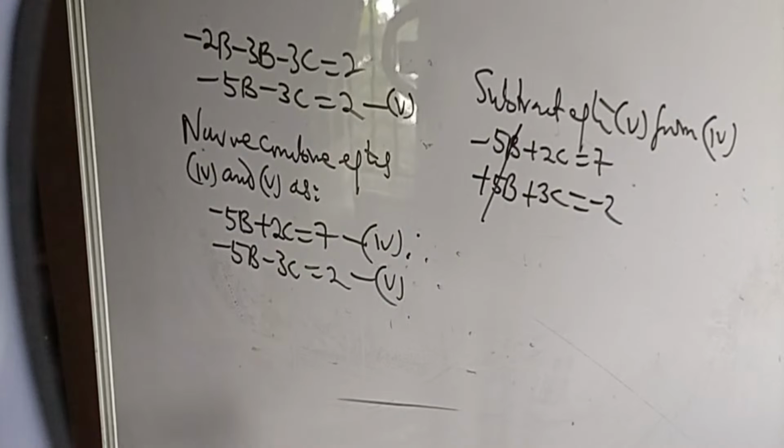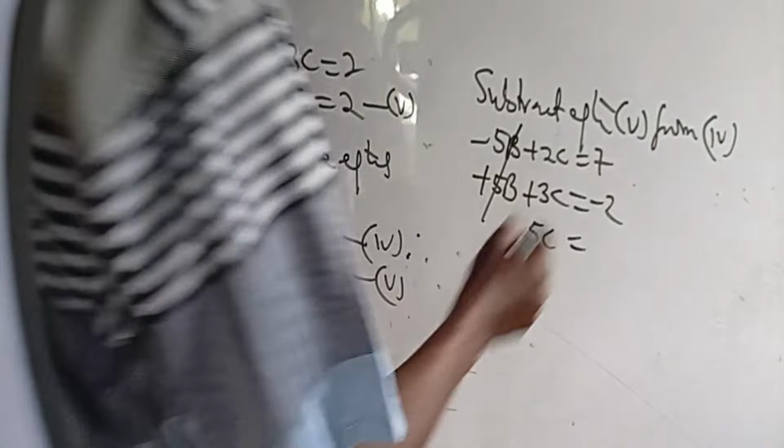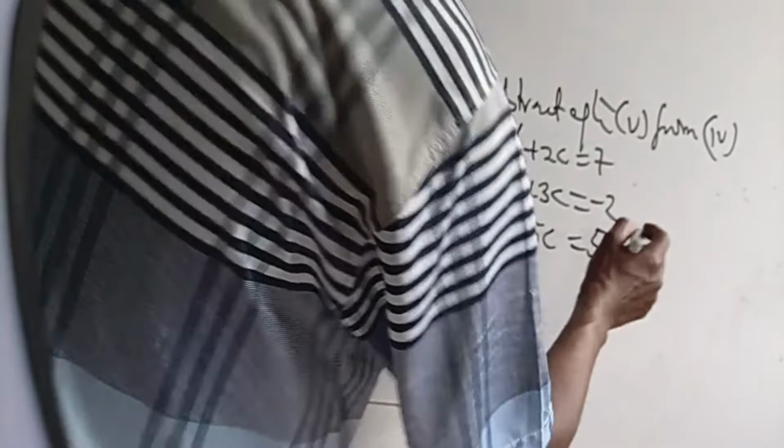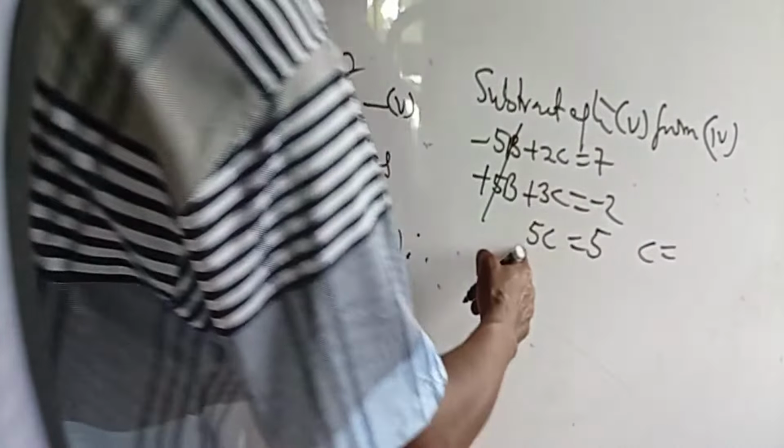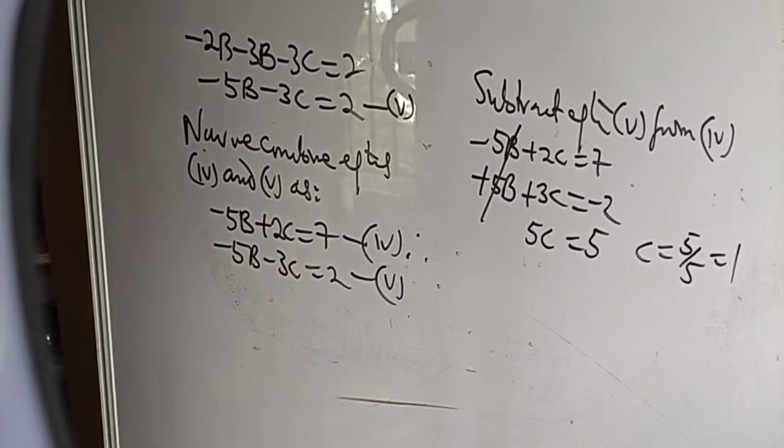Now minus 5b plus 5b cancels, and 2c plus 3c is 5c. 7 minus 2 is 5. Dividing both sides by 5, c equals 5 over 5, which is 1. Our c is 1.